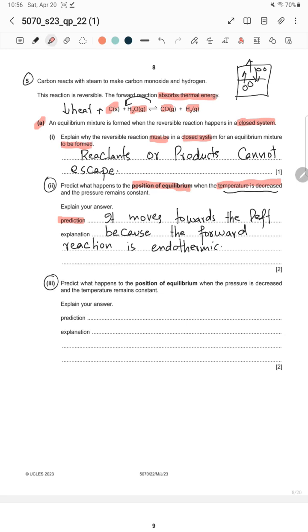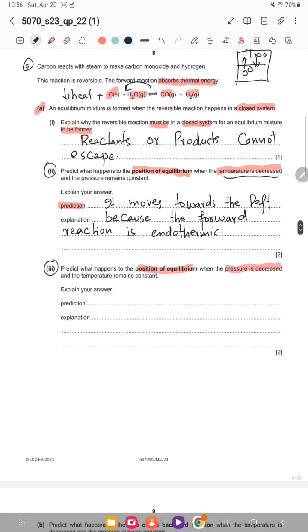Part 3, again the question about the position of equilibrium. Now the pressure is decreased. The effect of pressure is applicable to gases only. So we have to calculate the total number of moles of gases on both sides. You can see 1 mole of gas is on the reactant side, and there are 2 moles of gases on the product side. Once you decrease the pressure, equilibrium shifts towards the side with more moles.